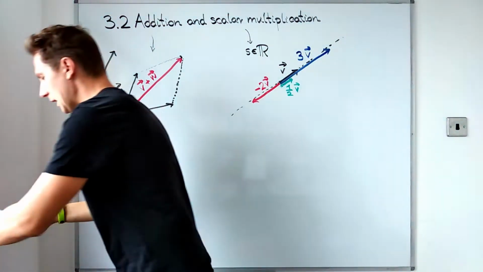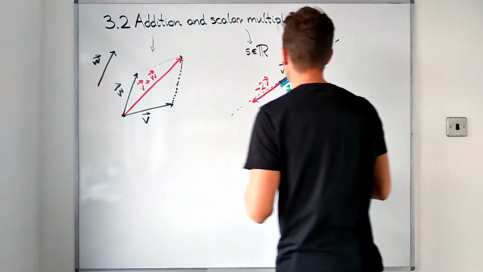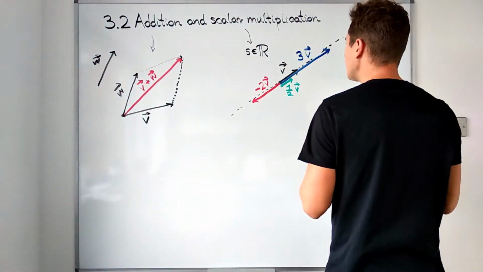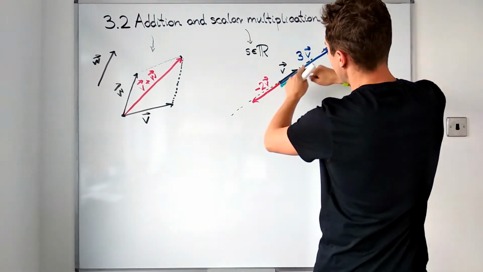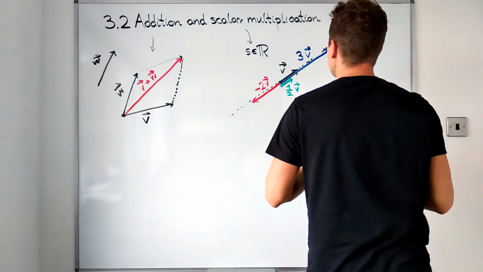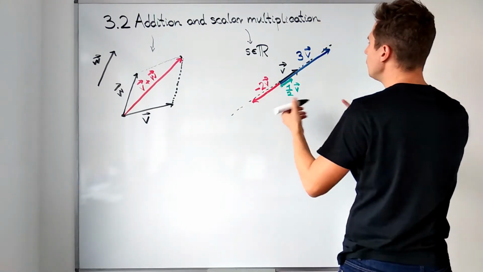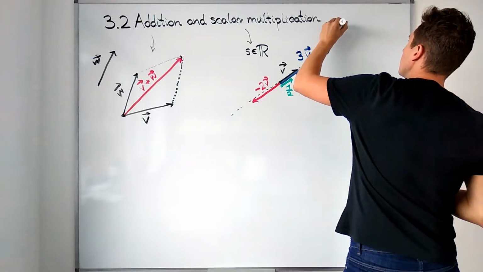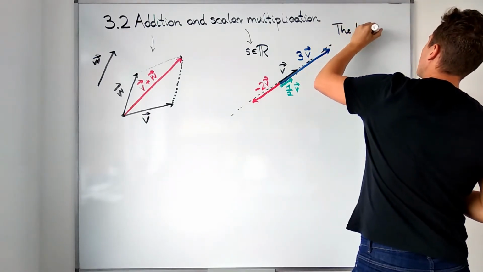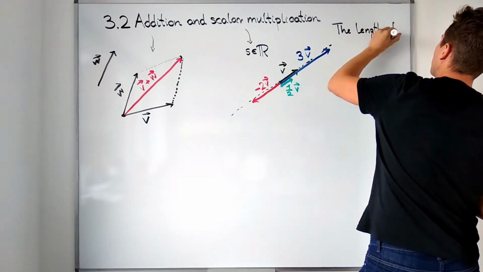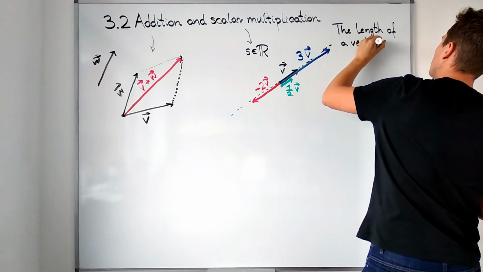Just to summarize what I have said, multiplying a vector by a scalar s results in a vector that points along the line of our original vector, and here I have to introduce a new notation for the length of a vector v.